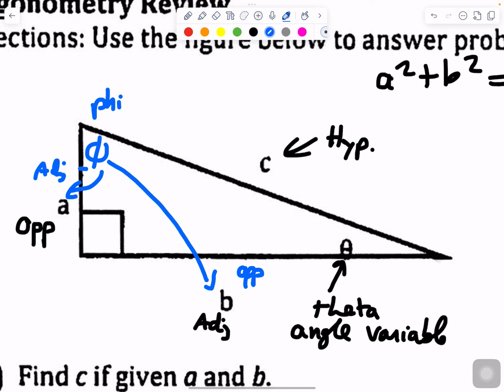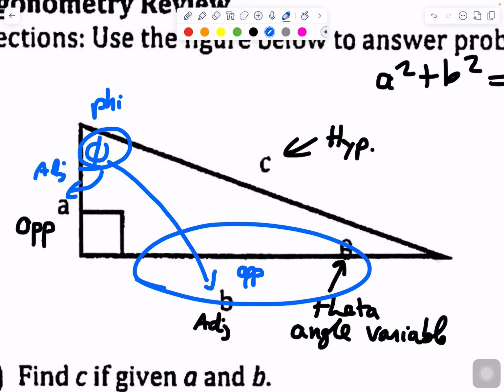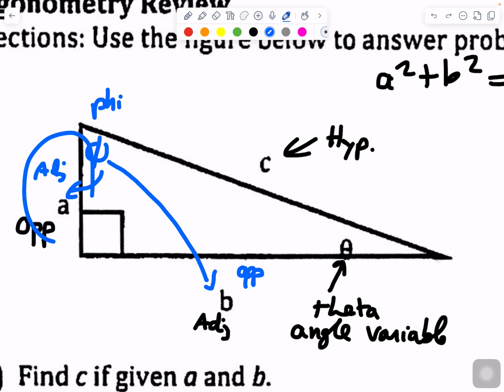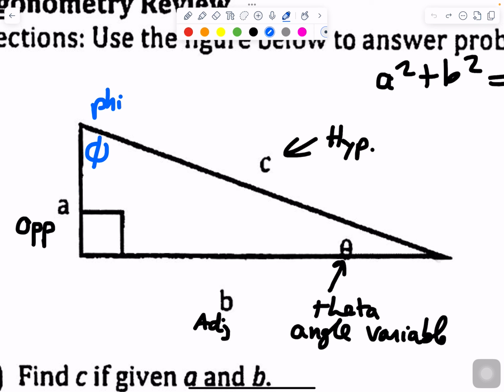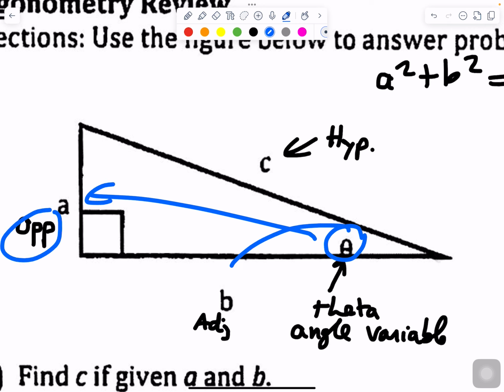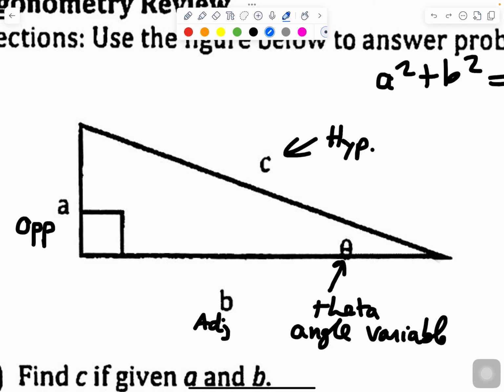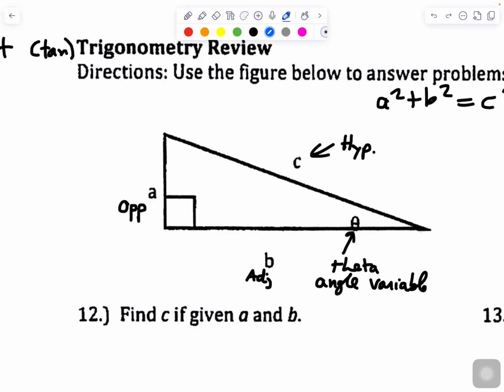So keep that in mind. Whatever angle you use, the sides are going to be relative to that angle. If I use the top angle, this is the opposite side, and this is the adjacent side. If I use the bottom angle, right here, this is the opposite side, this is the adjacent side. Okay, so know what angle you're working with because the sides are relative to that.